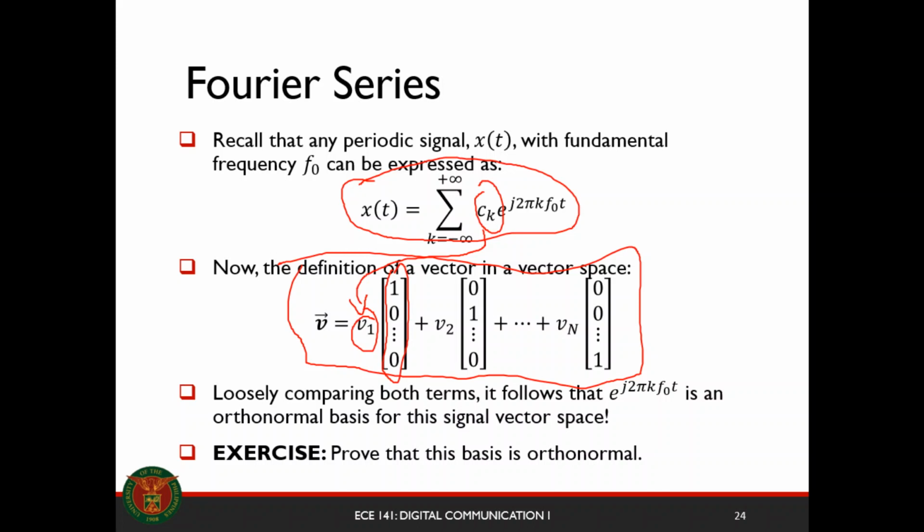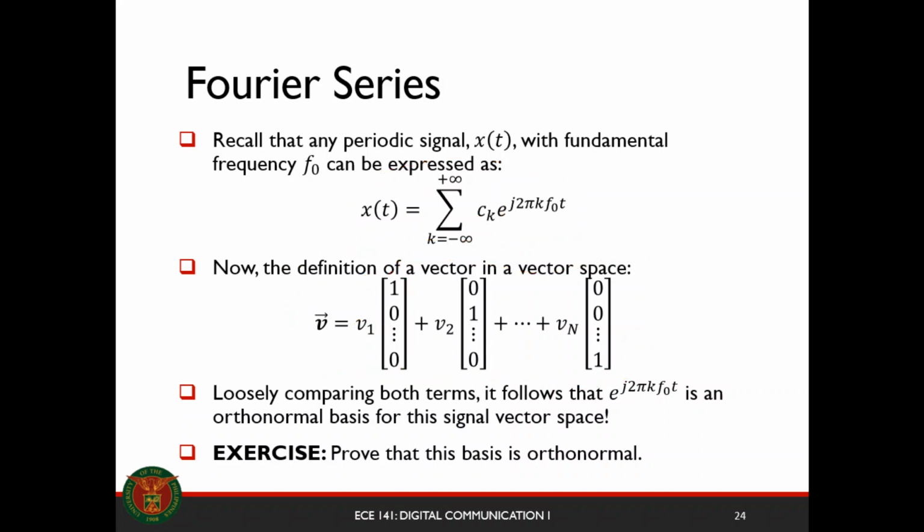Okay? So loosely comparing both terms, it follows that this signal e to the j2 pi k f naught t, for varying values of k, forms an orthonormal basis for this signal vector space. So it's up to you to prove that the basis is orthonormal.